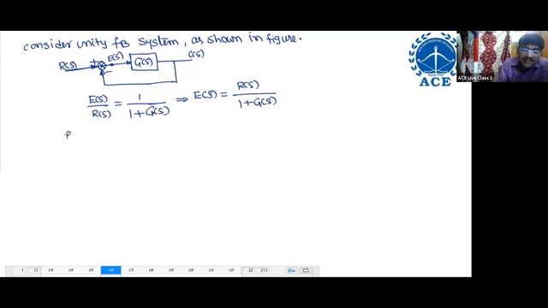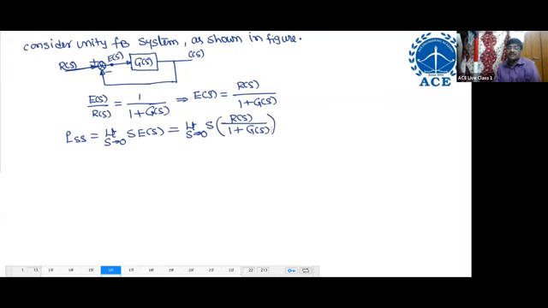Next, steady state error: limit s tends to 0, s into E of s. Substituting E of s, it is s into R of s by 1 plus G of s.